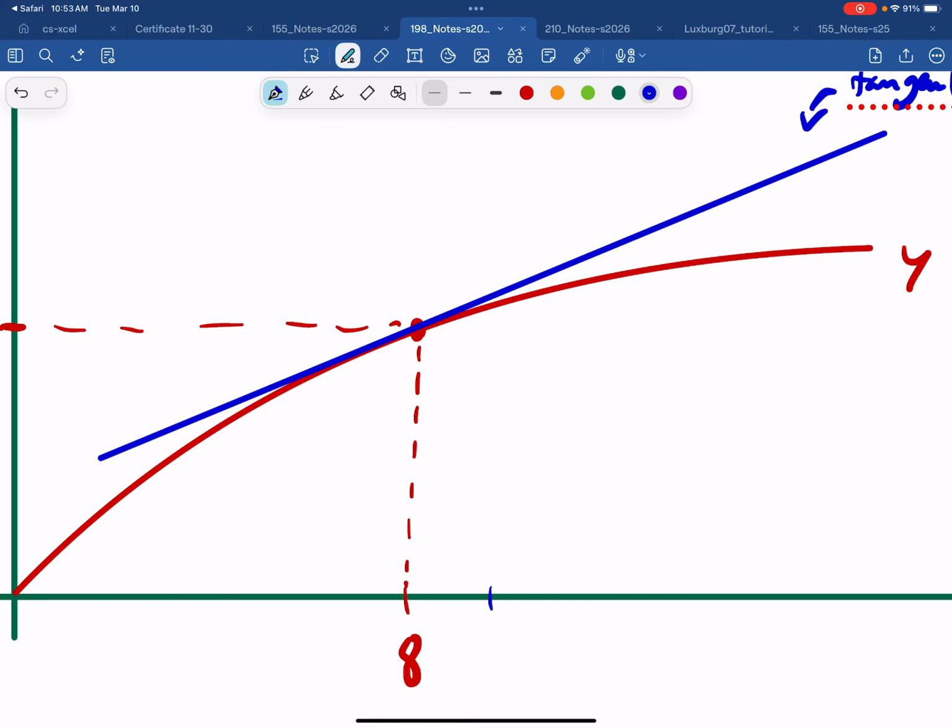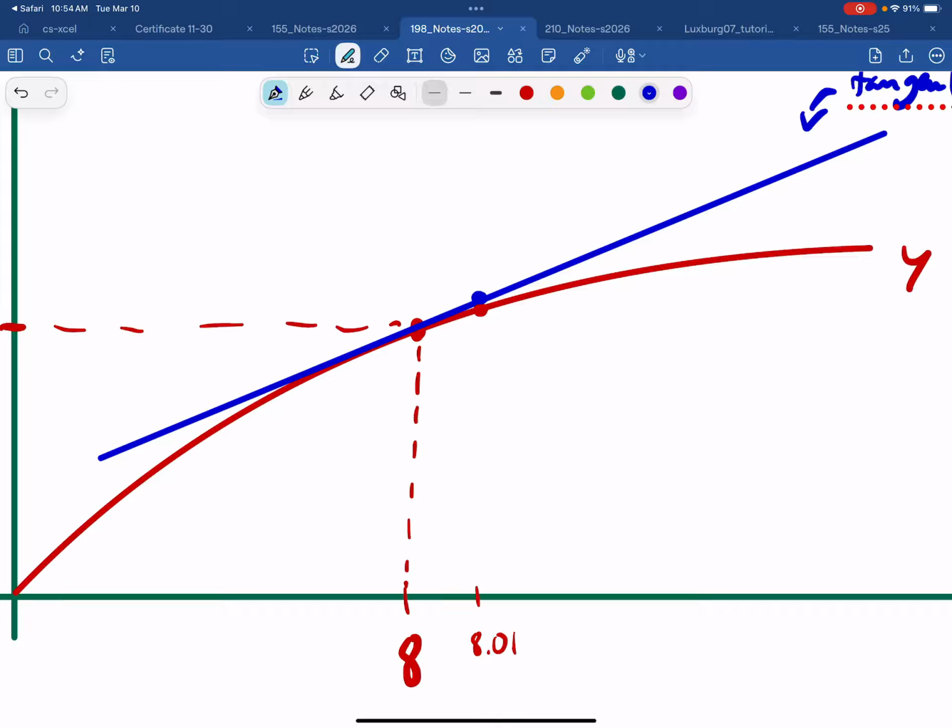If we want to find the cube root of 8.01, note that the actual cube root of 8.01 is right here, but it's not a nice number. Instead, we can use that blue point right there, which is very, very close to the red point.